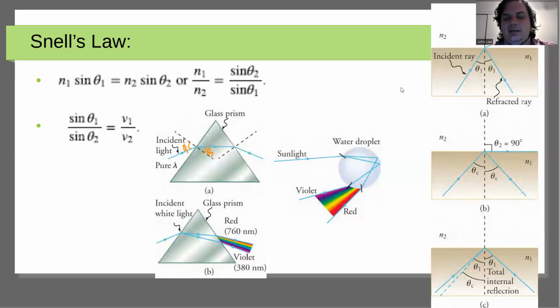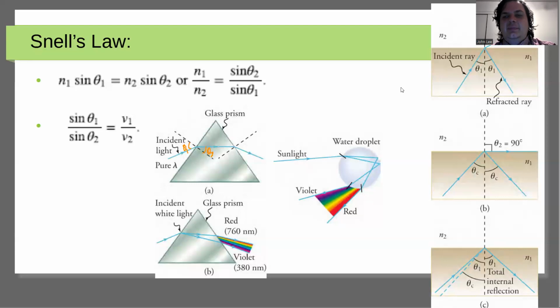And then what you can actually do is make it so that the light that's refracted would only come out parallel to the surface at theta 2 equals 90 degrees. At that point, none of the light is actually coming out of the material, it's just grazing along the side.